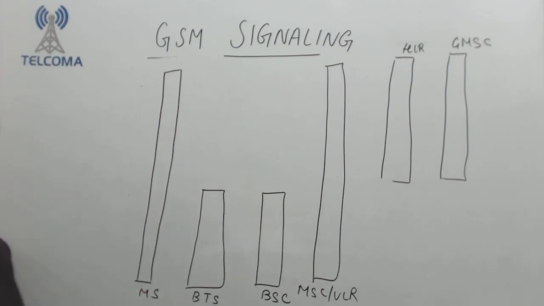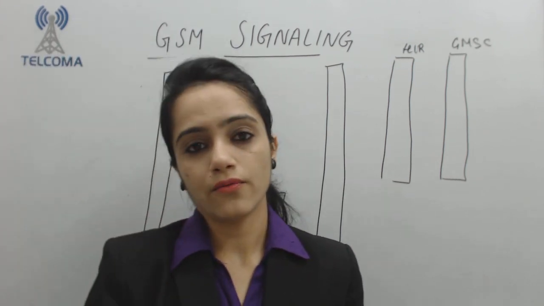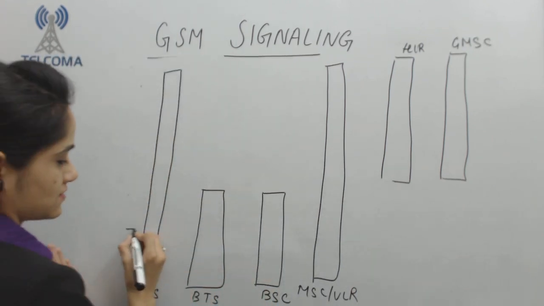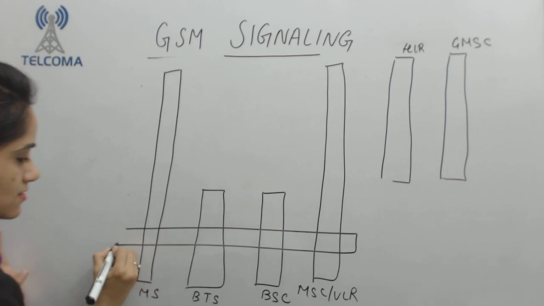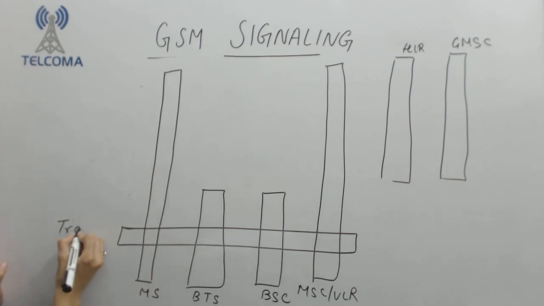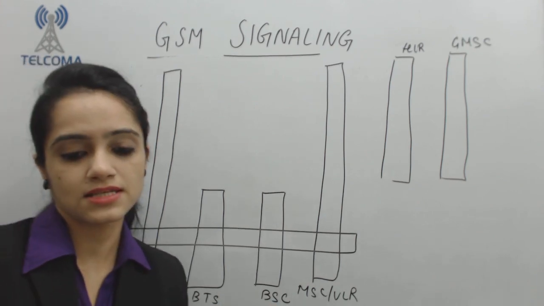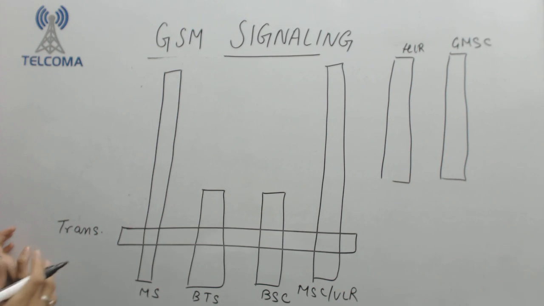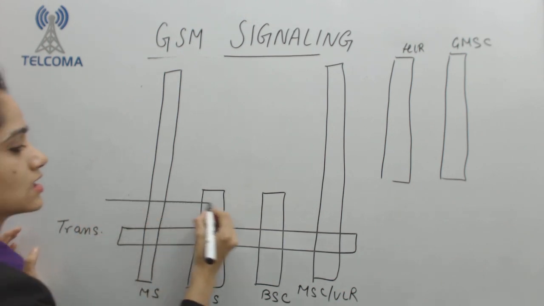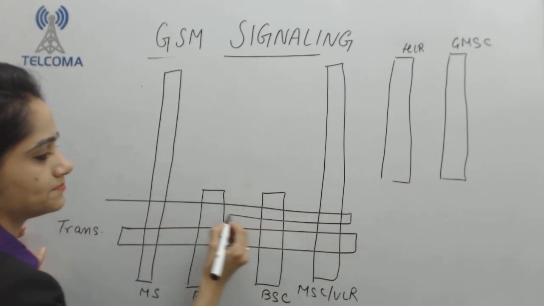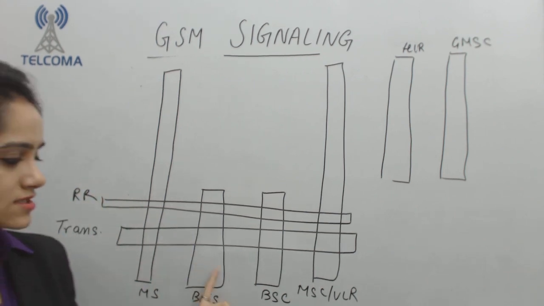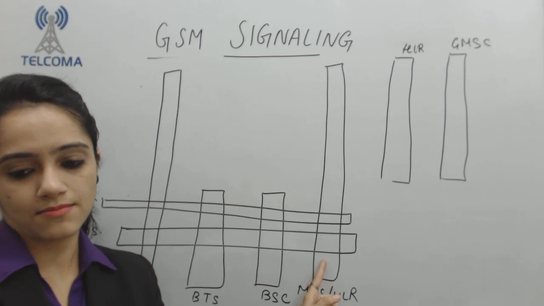Now I will organize the protocols. A very first protocol, which is used for transmission, is for this much part. So transmission part has MS, BTS, BSC and MSC VLR. Now coming to radio resource protocol, this RR protocol is used by all, that means by mobile station, BTS, BSC and MSC.